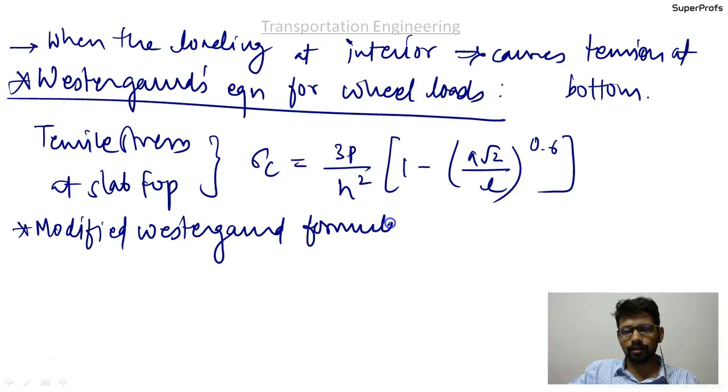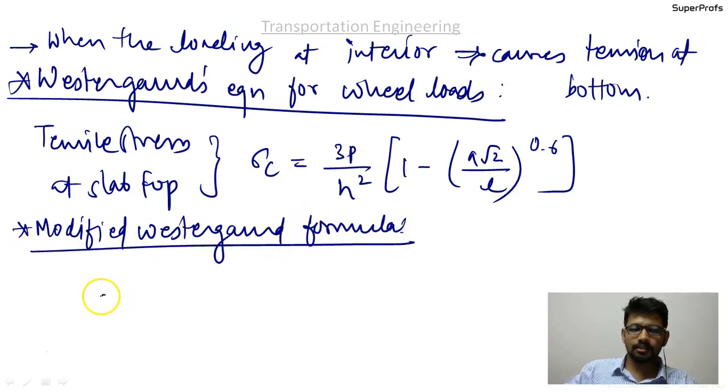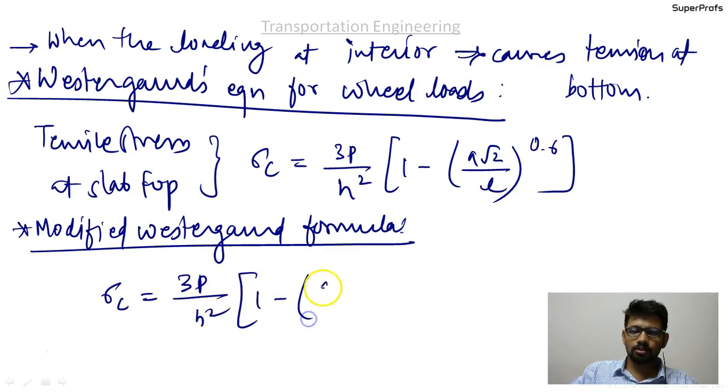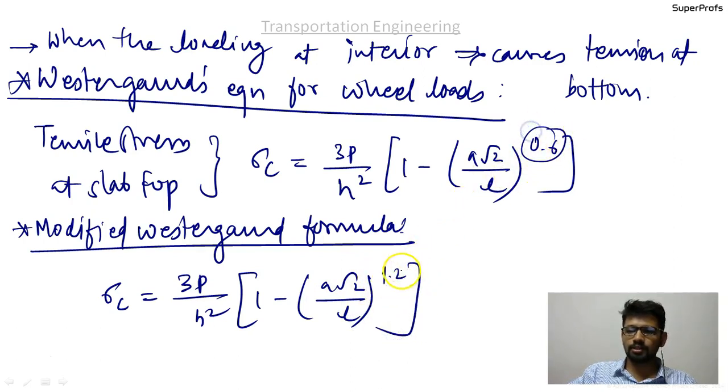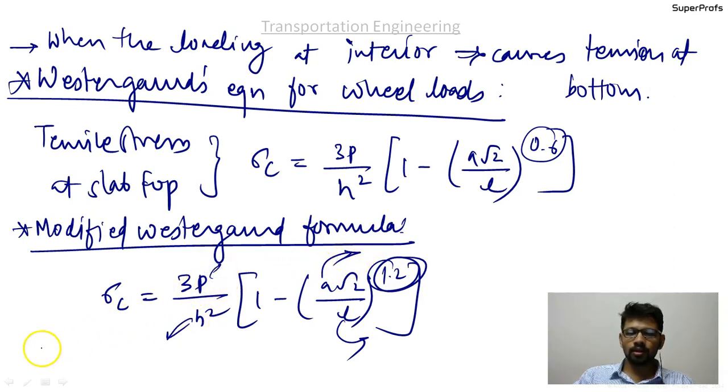Sigma c, the tensile stress at slab top, is 3P by h square into 1 minus (a root 2 by L) to the power 1.2, bracket completed. It was 0.6 before, and here it is 0.6 into 2. L stands for the radius of relative stiffness, a is the radius of the wheel, h is the thickness of the slab, and P is the load.